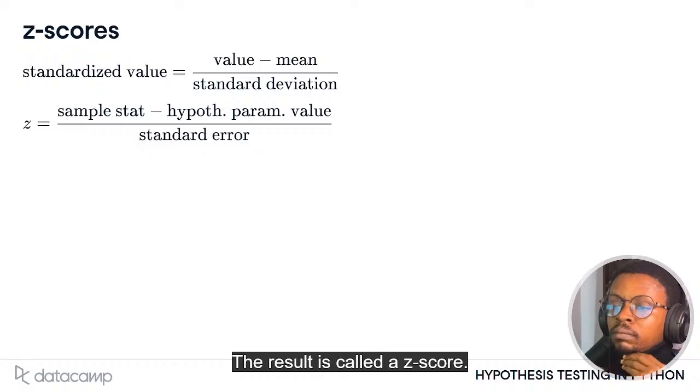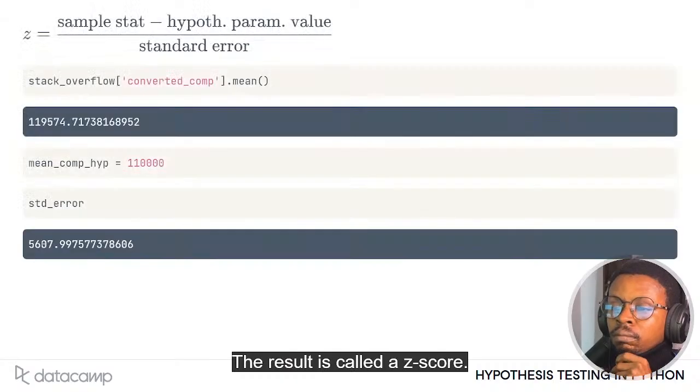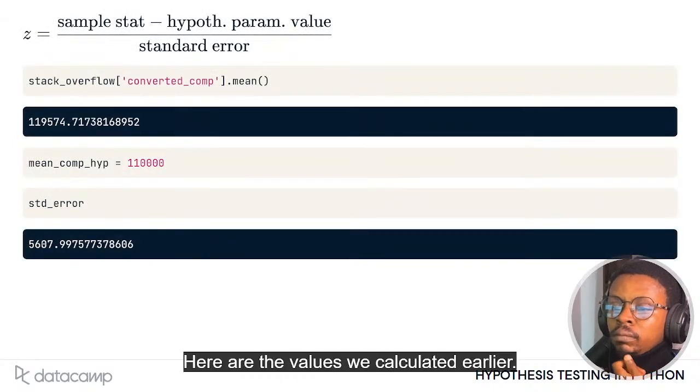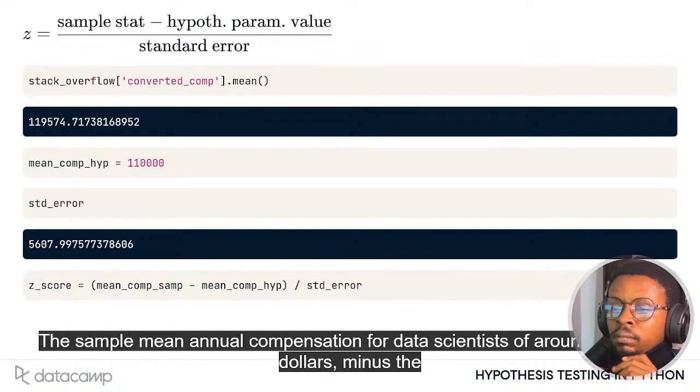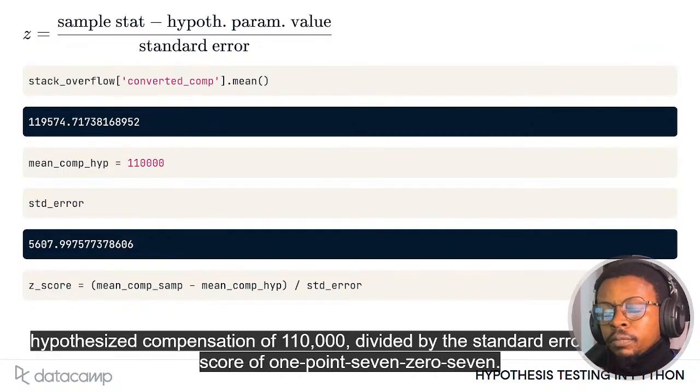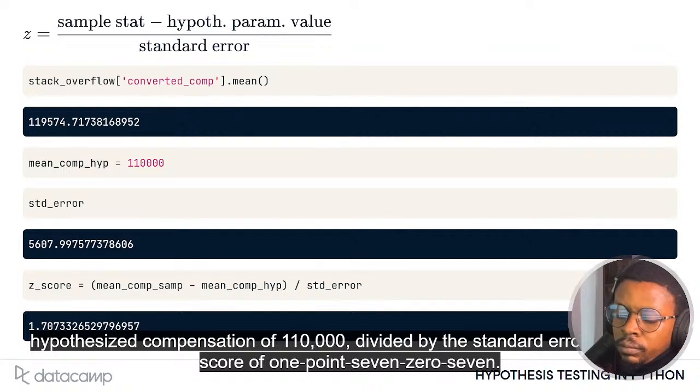The result is called a z-score. Here are the values we calculated earlier. The sample mean annual compensation for data scientists of around $120,000 minus the hypothesized compensation of $110,000 divided by the standard error gives a z-score of 1.707.